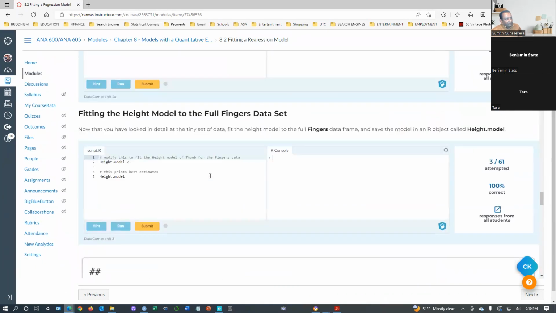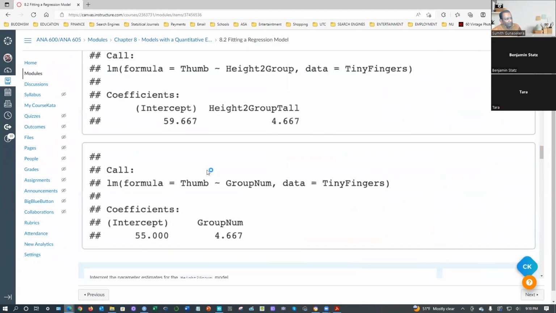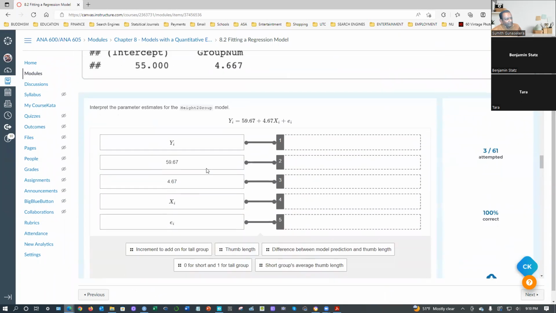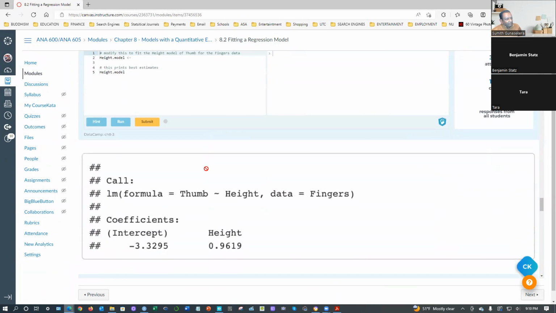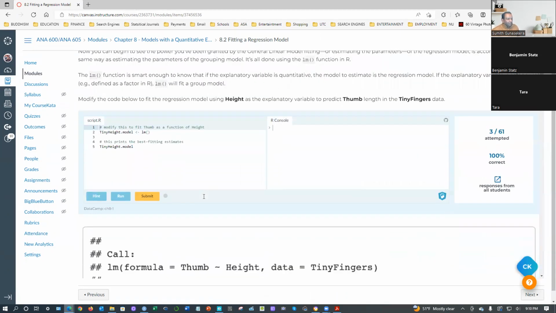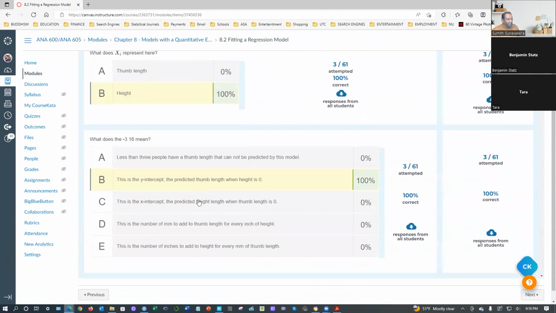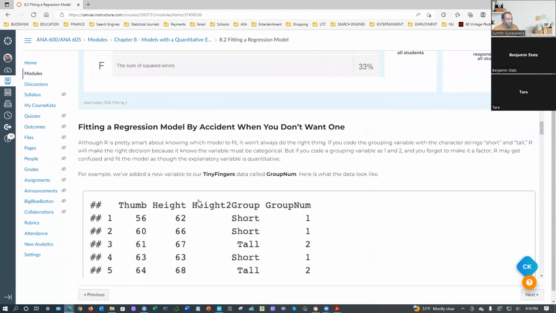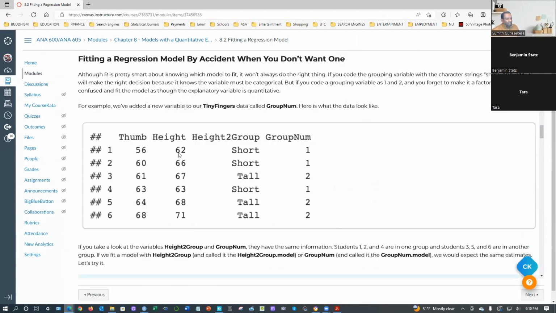Where is the data set? Okay, let's go slowly. Here, the lowest one is 62 and the highest one is 71.